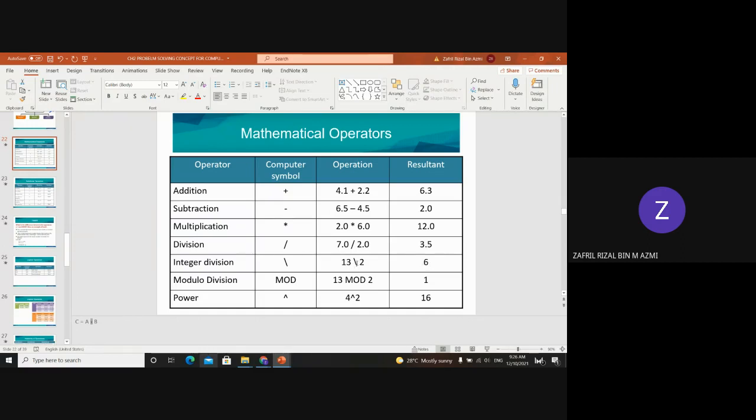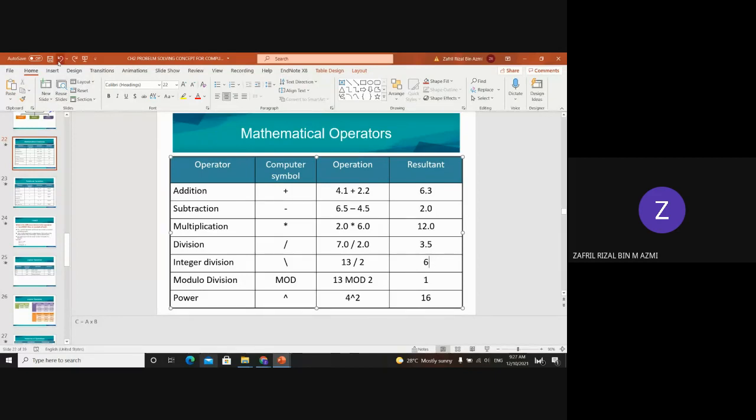13 divided by 2: if we calculate normally, what do we get? 6.5, right? If you use this symbol over here, you will get 6.5. But if you use the other symbol, do you understand what I mean, guys?